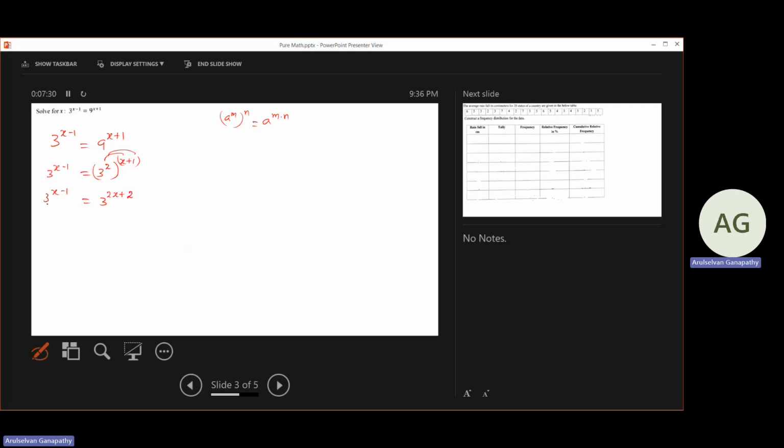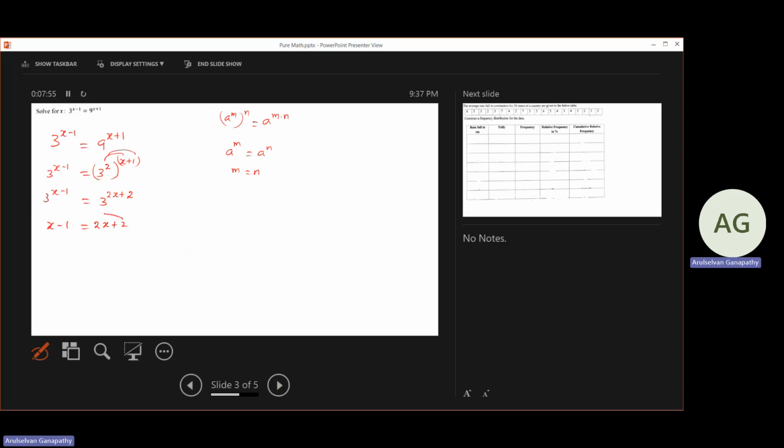Now both sides we have the same base. So if it is like a power m equal to a power n, then we get m equal to n. Using this rule, what we get here, x minus 1 equal to 2x plus 2.